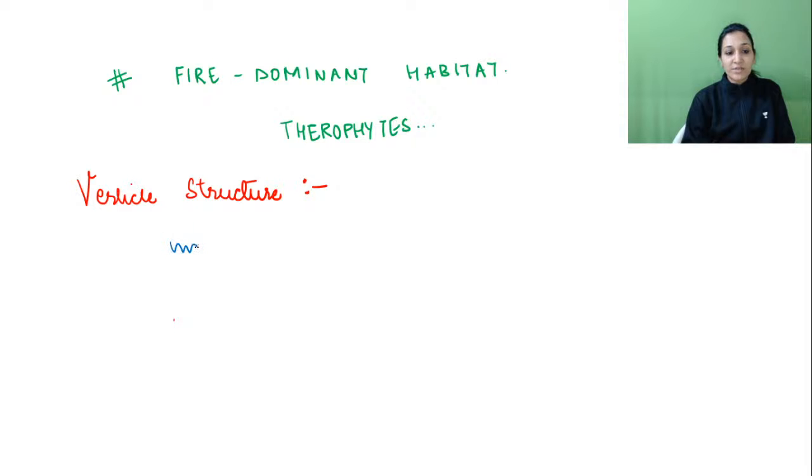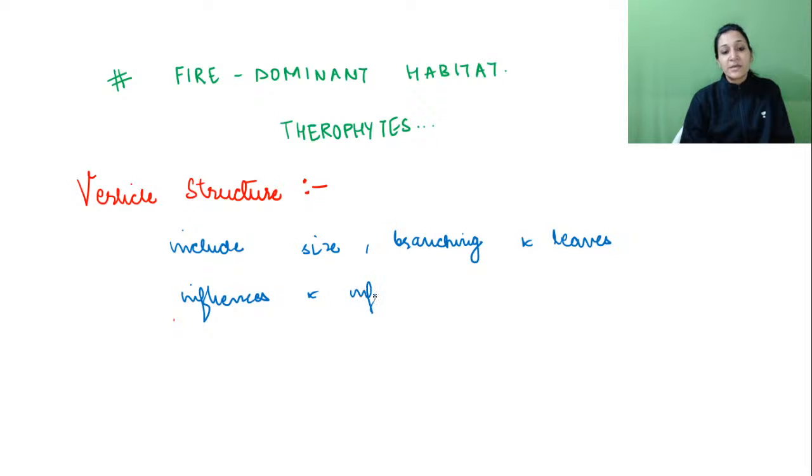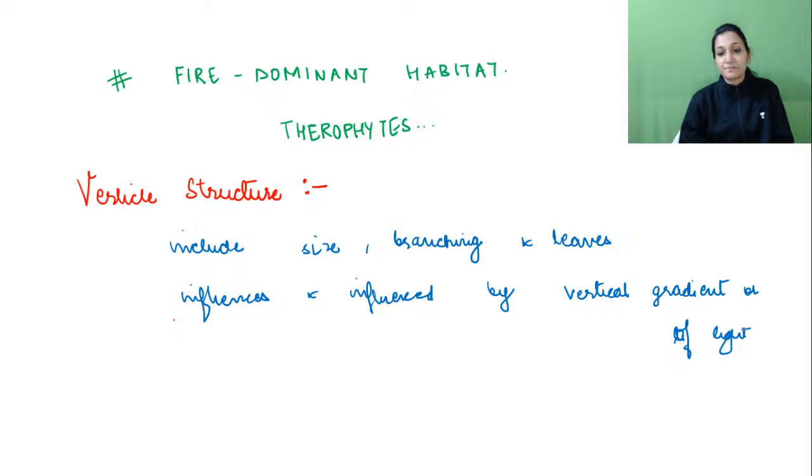So vertical structure includes size, branching and leaves, which influence and are influenced by the vertical gradient of light.